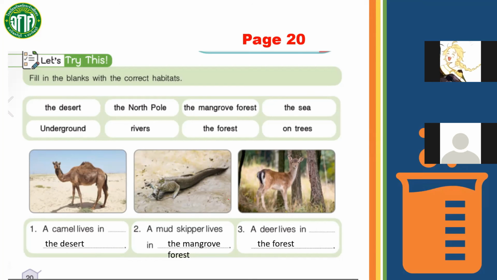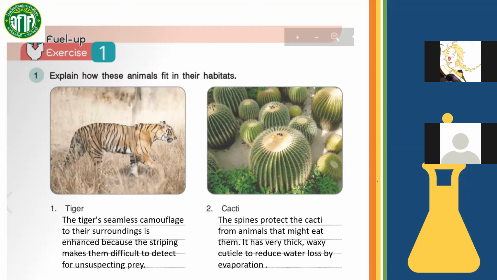Now let's move on to another activity. Explain how these animals fit in their habitats. First is a tiger and number 2 is a cacti. So how can this tiger fit in its habitats?